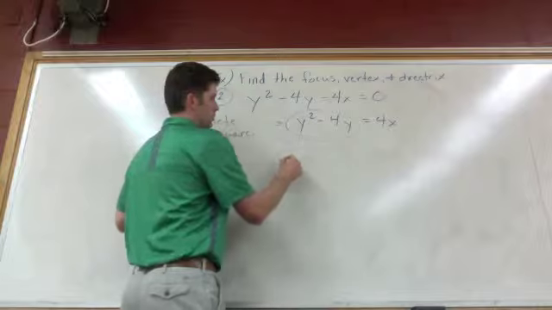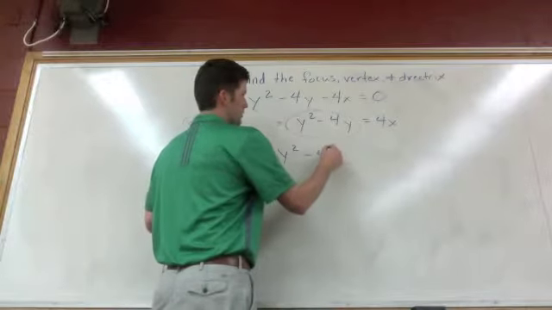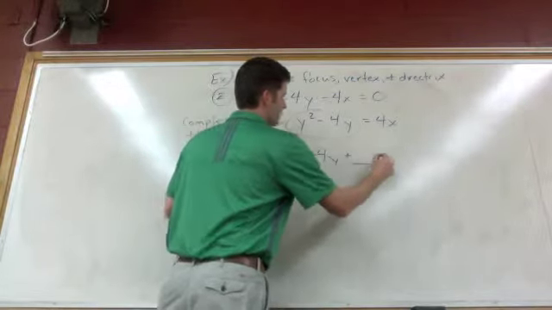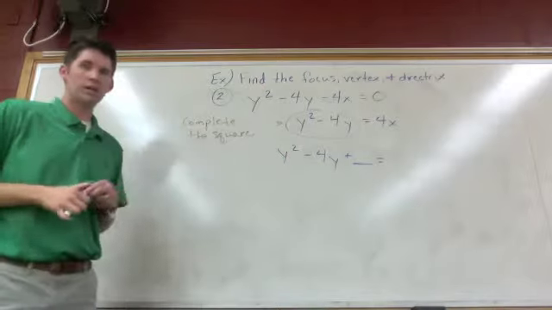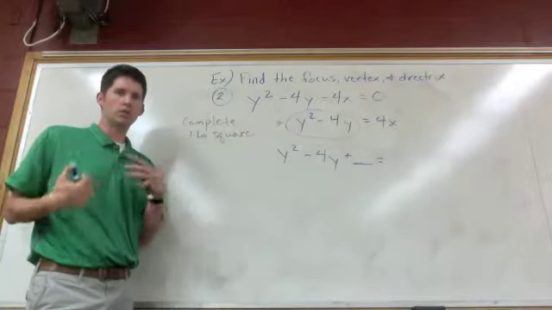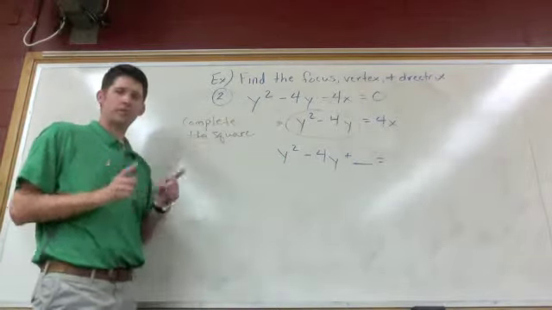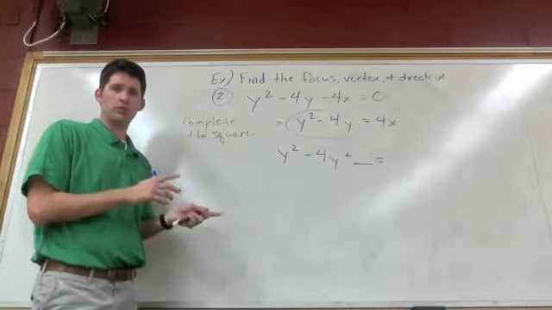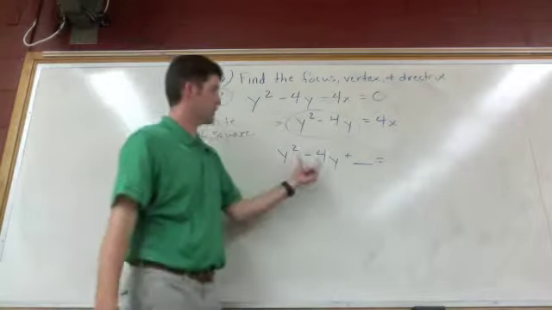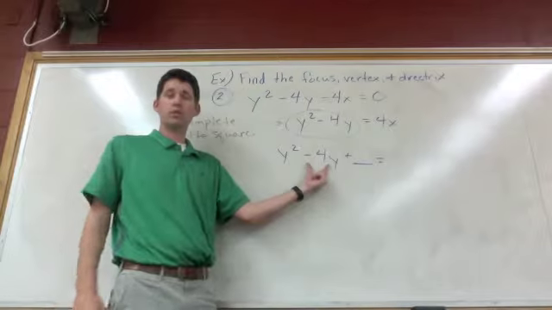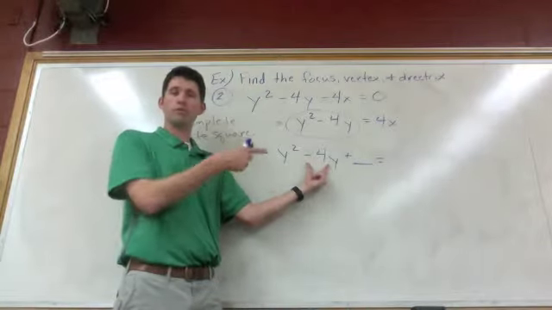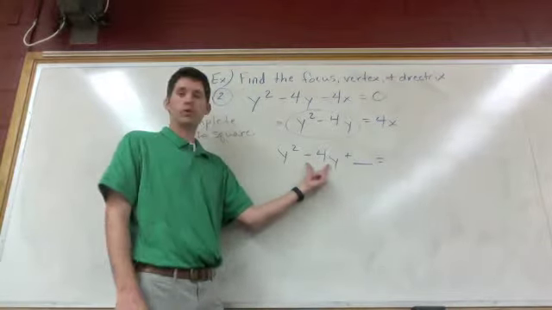What I always like to do is let's put that y squared minus 4y plus, we need to fill in the blank here in order to complete the square. And if you remember our shortcut that we talked about in order to complete the square, it's this. Take that b value, which is going to be the coefficient of y, and we're going to take half of it.